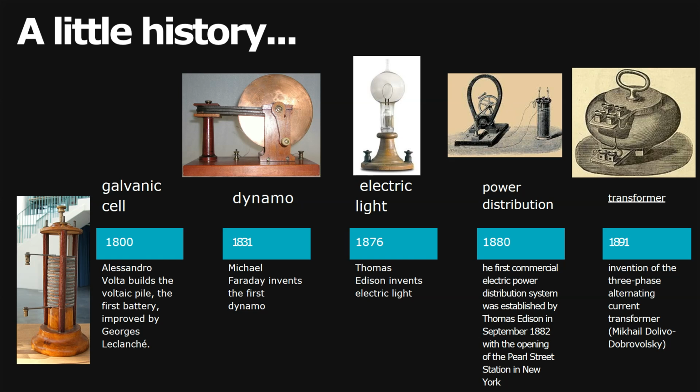Thomas Edison invented the electric light and brought the first commercial power. And for power distribution, it was invented in New York and it is the first commercial electric power. Finally, Mikhail Dolivo-Dobrovolsky invented the three-phase transformer, which can transmit electricity.